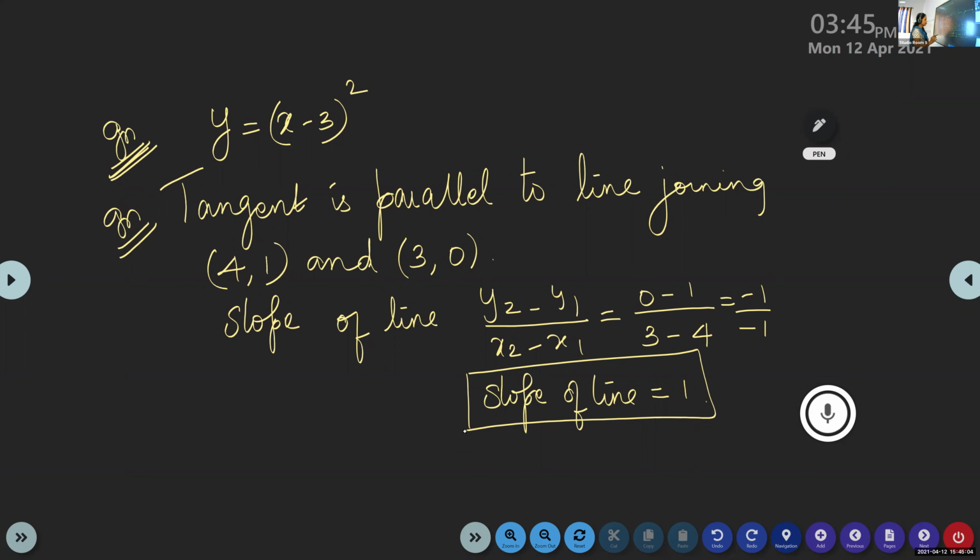Shubham, how will you find the slope here? How will you find the derivative of x minus 3 the whole square? What is the derivative of x raised to n?